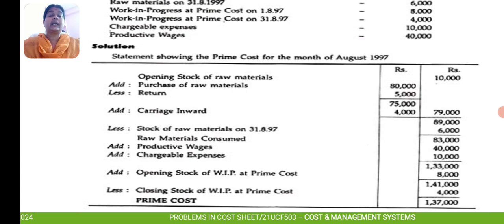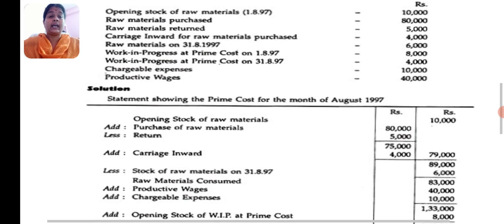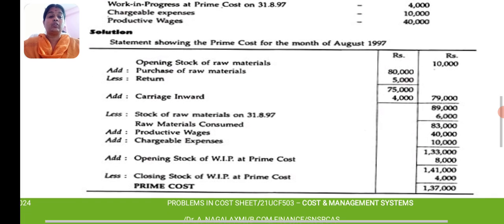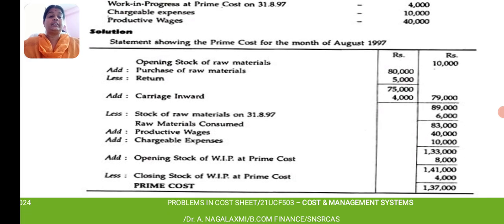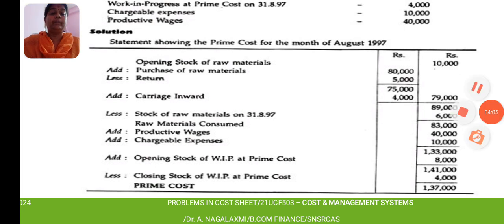So 80,000 minus 5,000, we get 75,000. Next is carriage inwards, which is 4,000. Add carriage inwards 4,000 along with 75,000, we get 79,000. It should be written in the outer column.